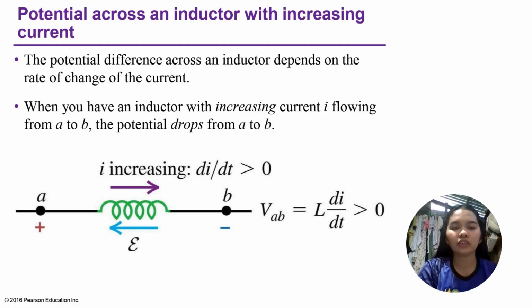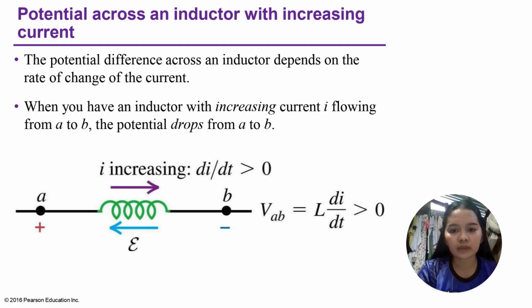So the inductor opposes the increasing current, acting as a temporary source of EMF that resists the change. So when you have an inductor with increasing current flowing from A to B, the potential drops from A to B. So increasing, di over dt greater than 0.